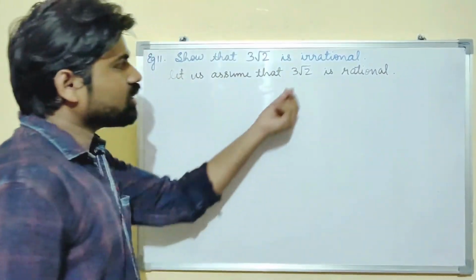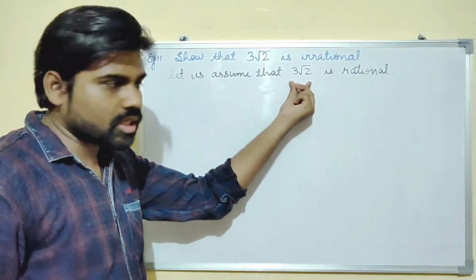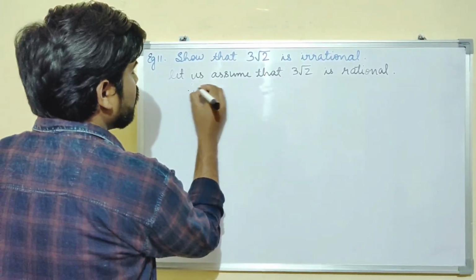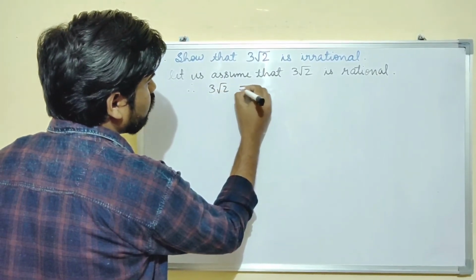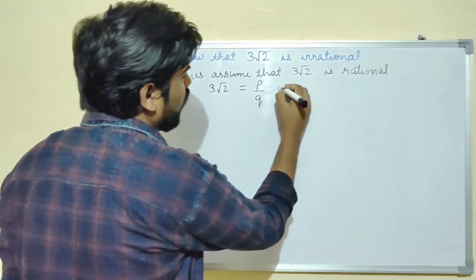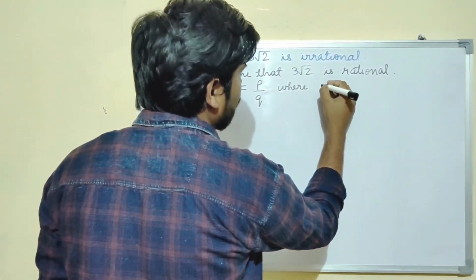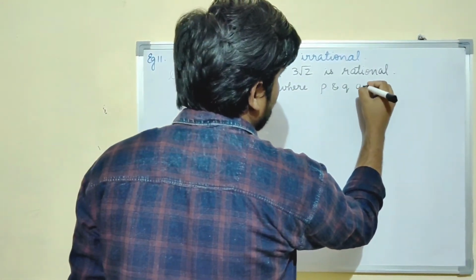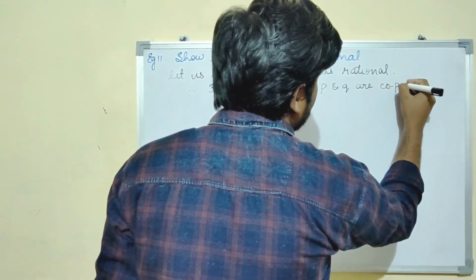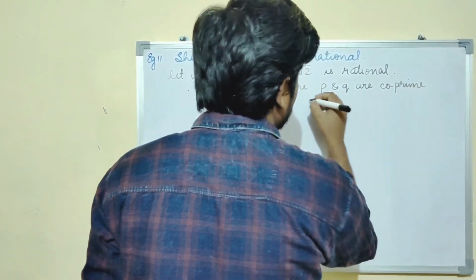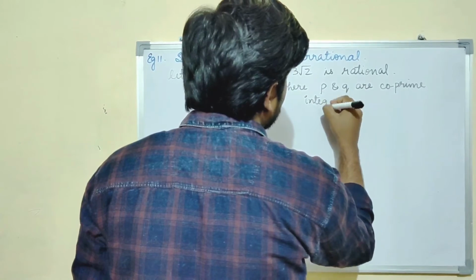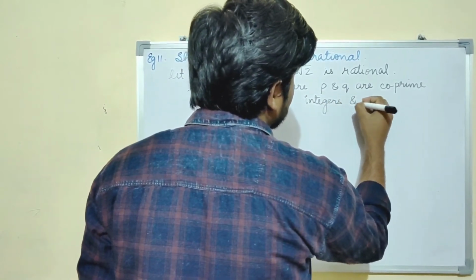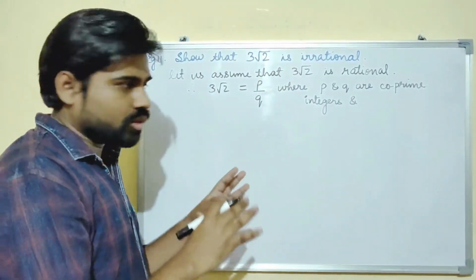Now since we have assumed this number to be a rational number, we can write 3 root 2 as p upon q, where p and q are co-prime integers and q is not equal to 0. It's a very simple type of question. You have to just try to understand.